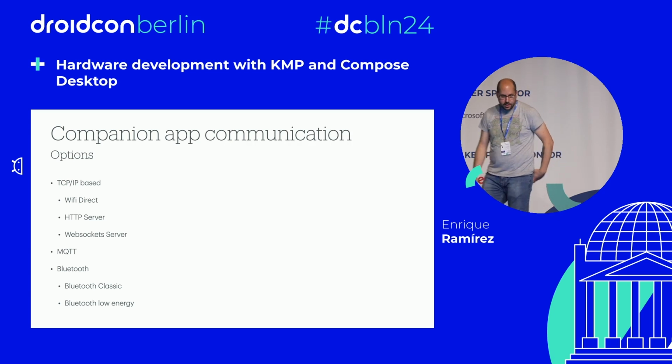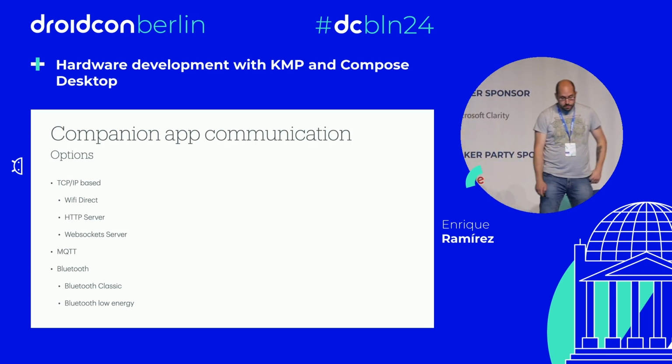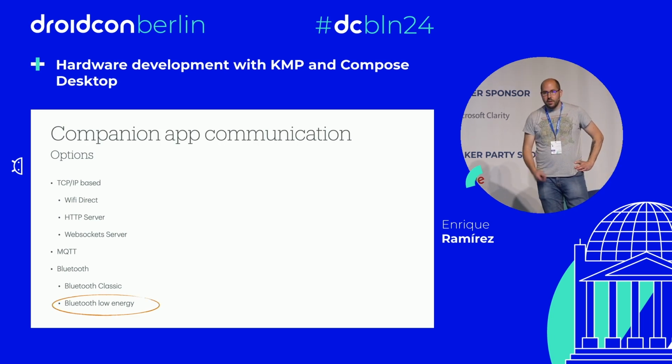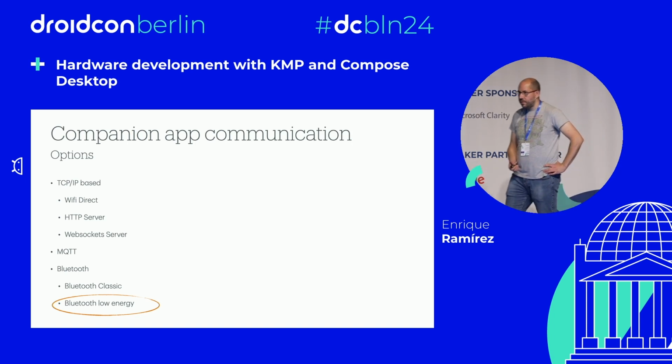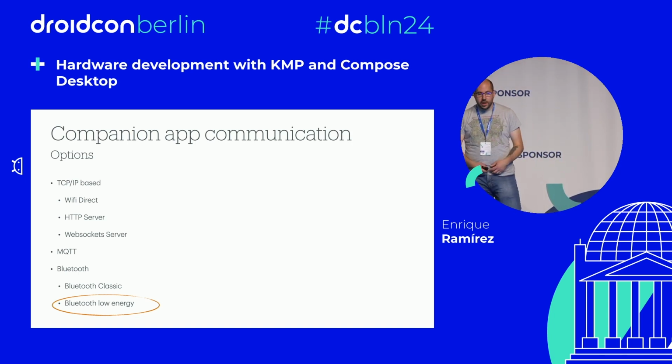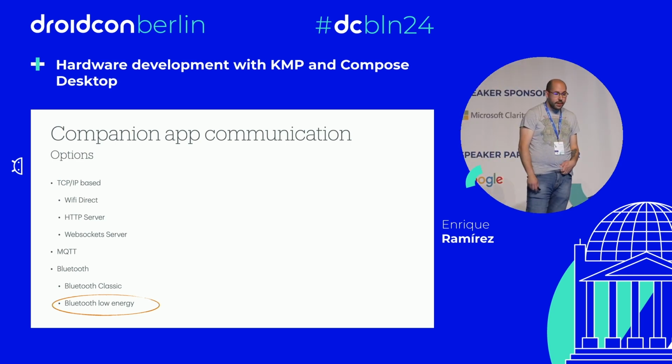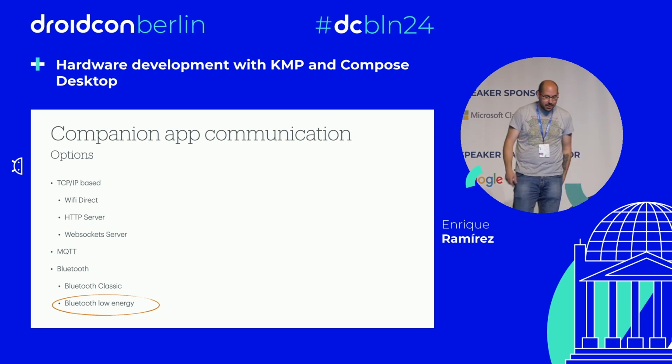So my first inclination was to use Bluetooth Low Energy, and that's what I used for the first iteration for several reasons. One of the reasons is it uses little battery in your device, and also in the thing that we are building, as well as in the mobile that hosts the companion app.